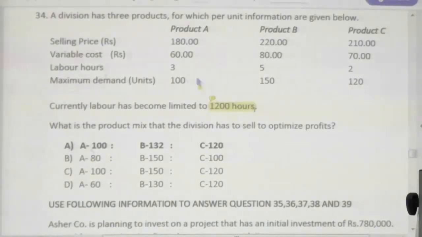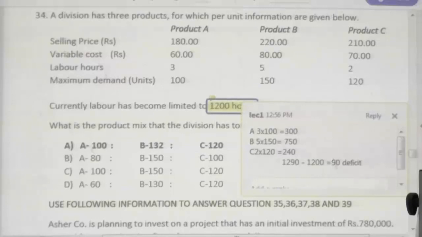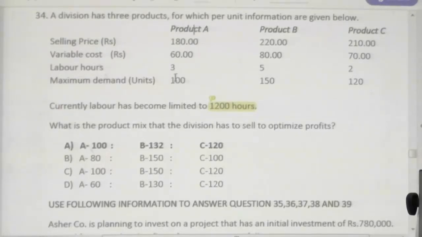Then you know the number 2 is A. Since the deficit is only 90 units, as we have calculated here, we can produce the entire amount of A, the number 2, that is 100.